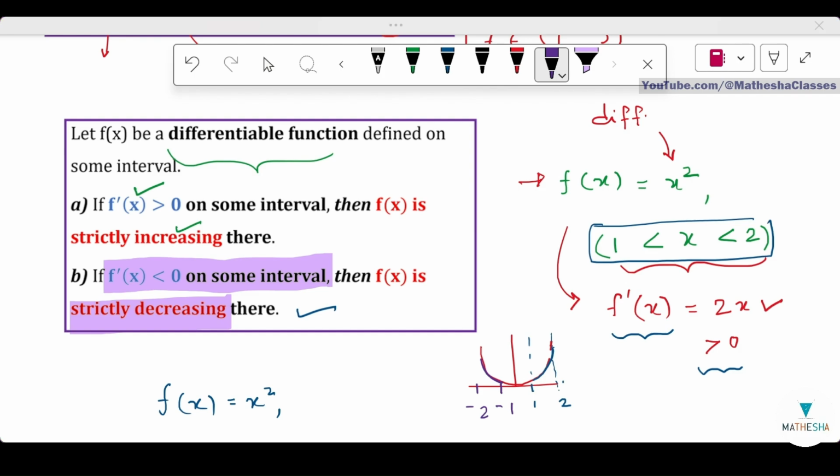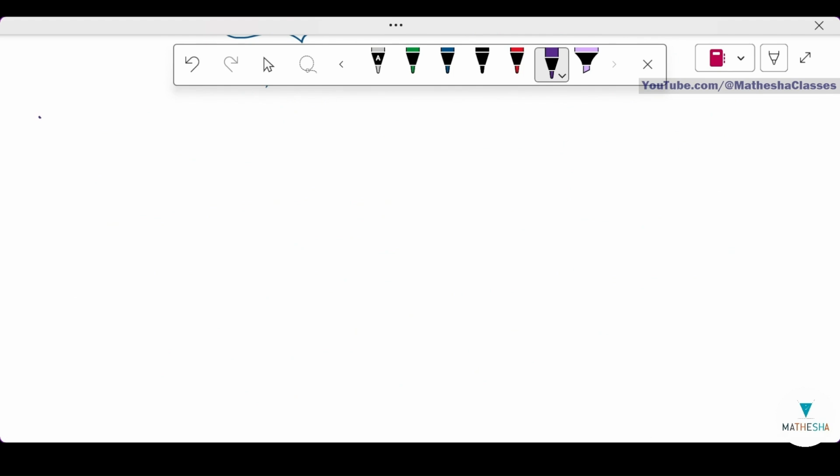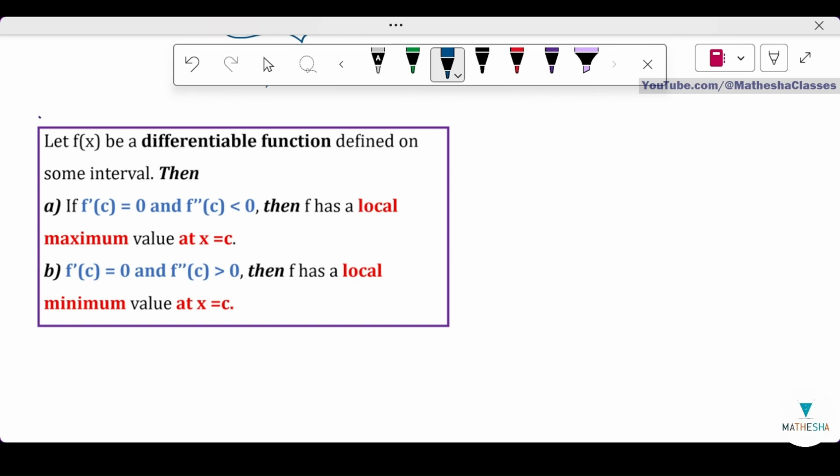So that is an important result for us that we'll be using subsequently. And now the final result of this section is this, that if at some point the derivative has value 0 and double derivative has value negative, तो उस पॉइंट पे उस फंक्शन का एक लोकल मैक्सिमम वैल्यू एग्जिस्ट करेगा. और अगर उसका डेरिवेटिव का वैल्यू c पे 0 है और डबल डेरिवेटिव पॉजिटिव है, तो उस पॉइंट पे उसका एक लोकल मिनिमम वैल्यू एग्जिस्ट करेगा. तो ऐसे हम फंक्शन का लोकल मैक्सिमम और लोकल मिनिमम वैल्यू ढूंढ सकते हैं.